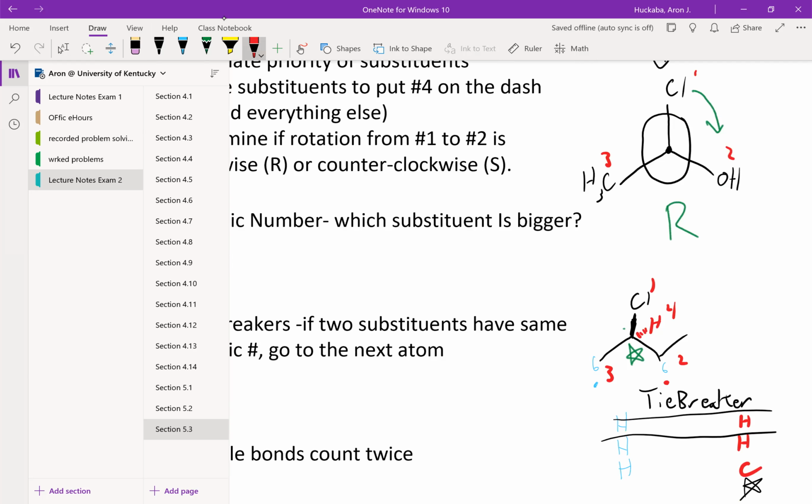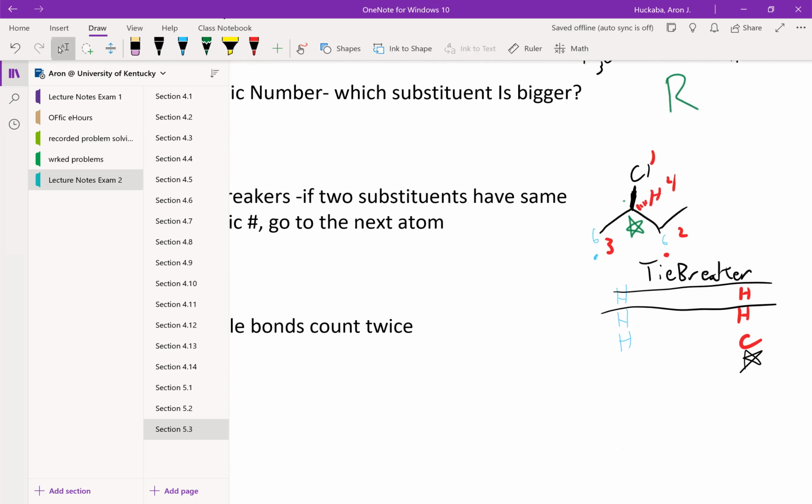Another thing to note is that double bonds count twice when you're doing this tiebreaker round.